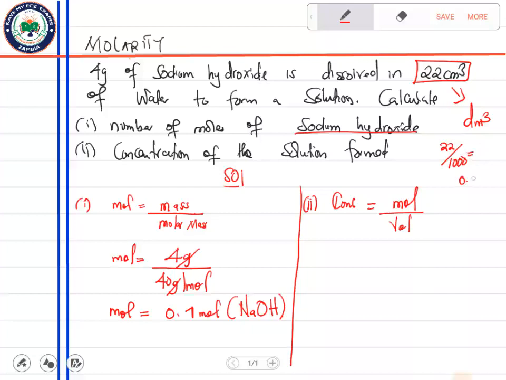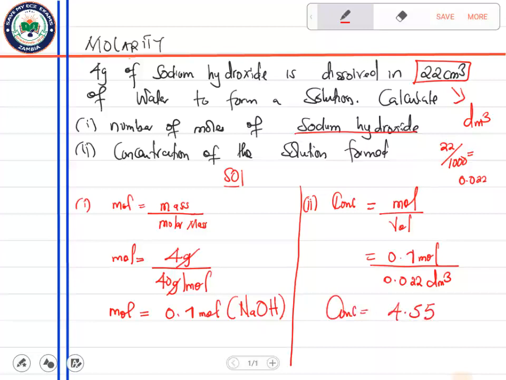So 0.022. The number of moles you already found is 0.1 moles. You divide by 0.022 cubic decimeters. So 0.1 divided by 0.022, and the concentration of the solution formed is actually 4.55.